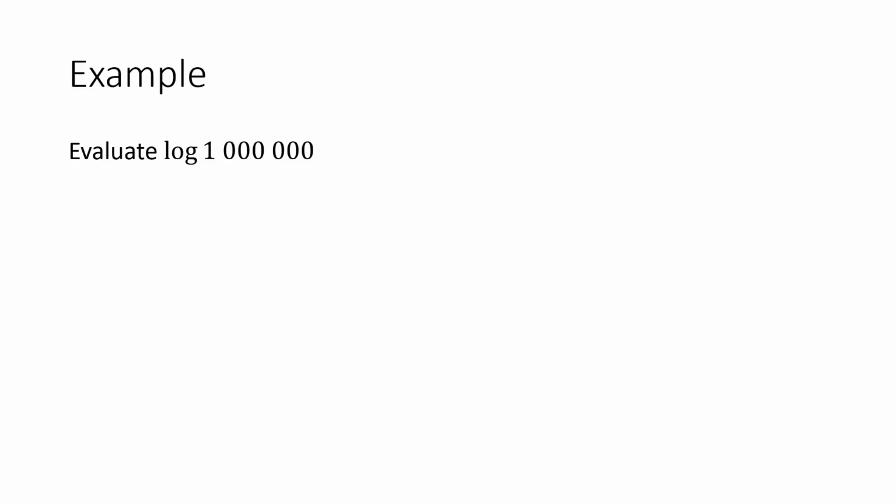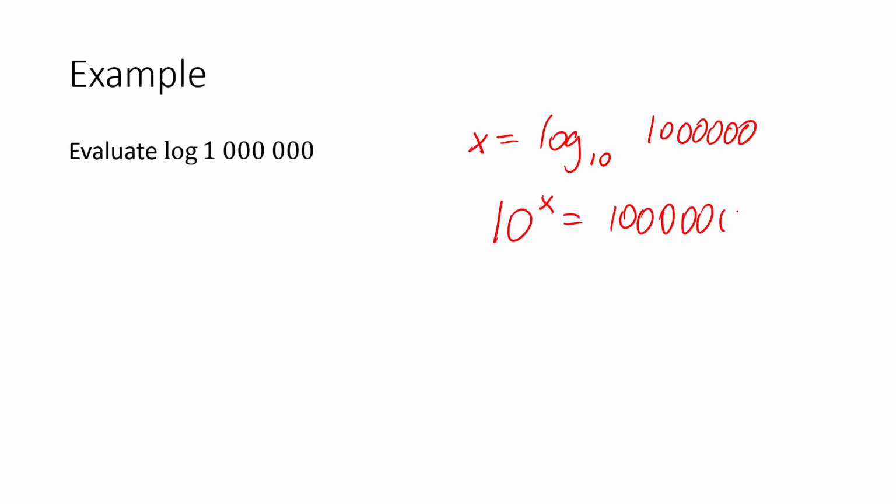What if I'm looking for the log of 1,000,000? If I let x equal the log of 1,000,000, that's like saying x is the log base 10 of 1,000,000. So now I'm saying to myself, 10 to the x is 1,000,000. What does x equal? We know that 10 to the 6 equals 1,000,000.